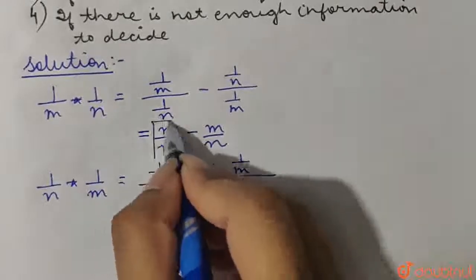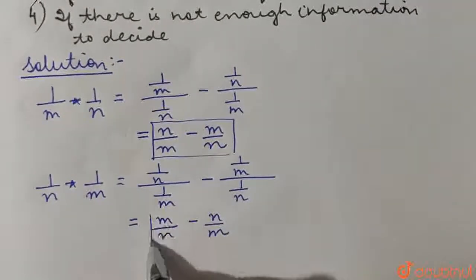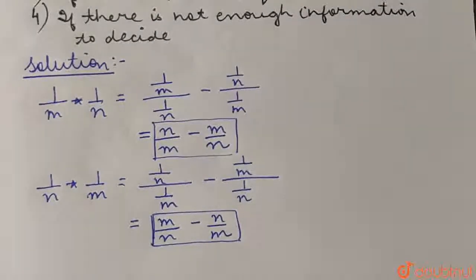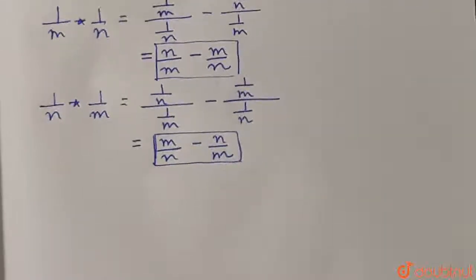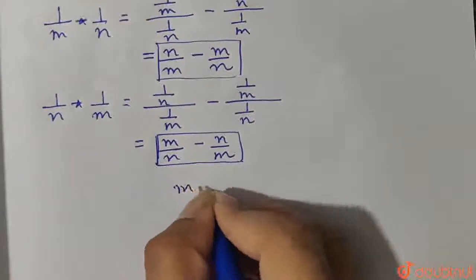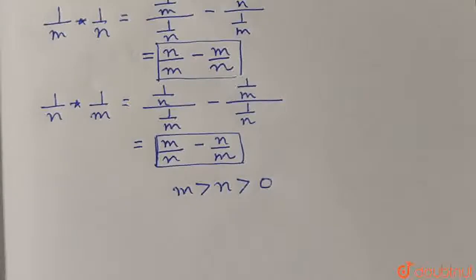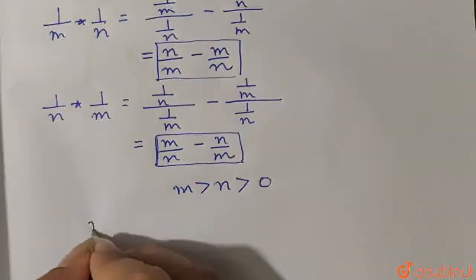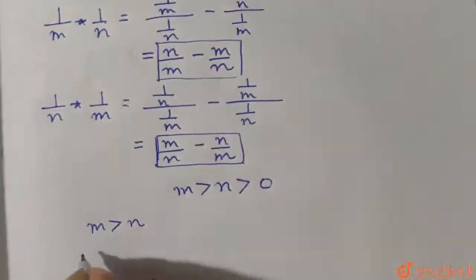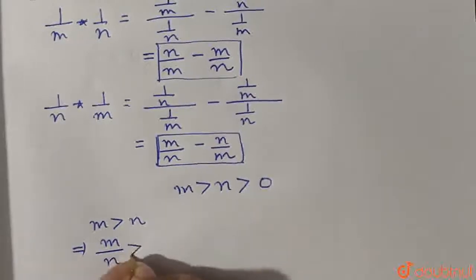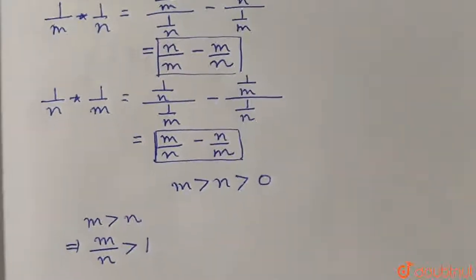So we have defined these two quantities. Now we need to decide which one of them would be larger. Also we have been given the information that M is greater than N, which is greater than 0. That means both M and N are positive numbers and M is larger than N. So if M is greater than N, this will imply that M upon N is greater than 1.